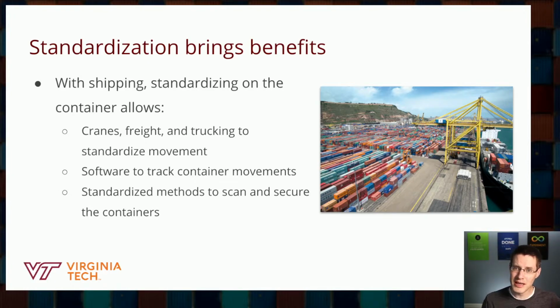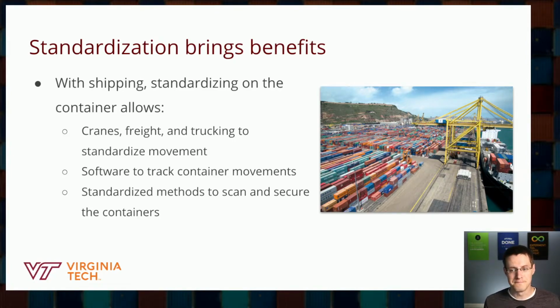Just like in the normal shipping world, when the shipping industry decided to standardize around a box, it provided a lot of benefits. The industry can then standardize and focus around it: we know the box is a certain size and height, I can stack them so high, and they've got locking mechanisms on the corners so I can anchor them to ships. They could start building cranes, freight and truck chassis that know the size of the box, and they don't have to care about what's inside of it anymore.